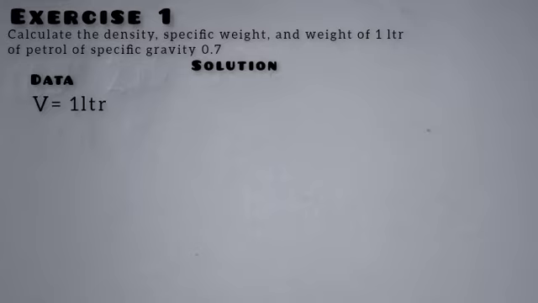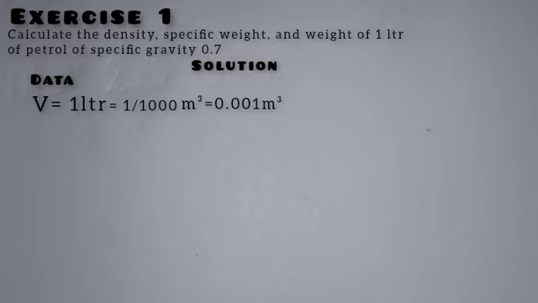Now, to convert 1 liter into meter cube, what we are going to do is divide by 1000. That means if I have 2 liter, I'll divide 2 by 1000. So in dividing 1 by 1000, we are going to have 0.001 meter cube.